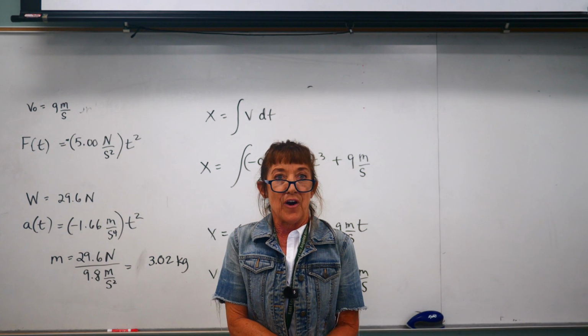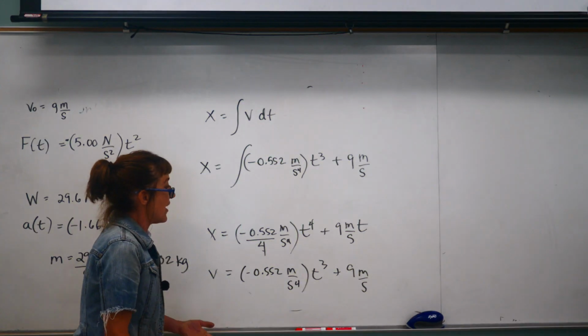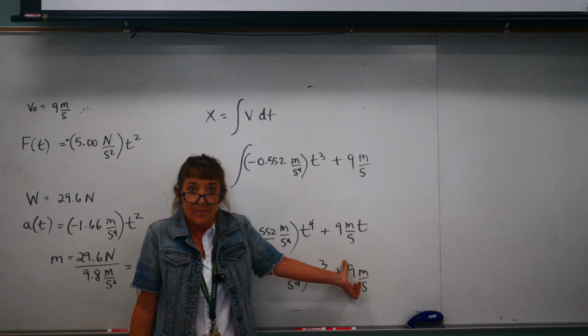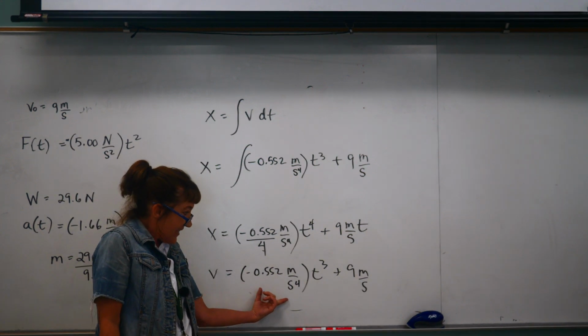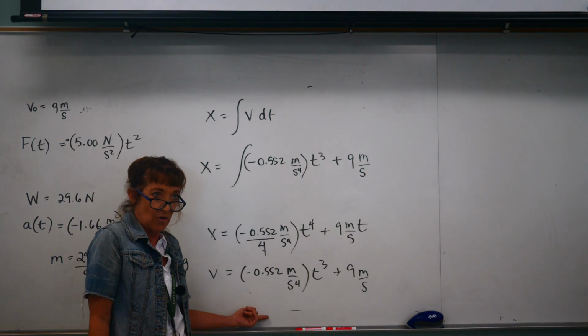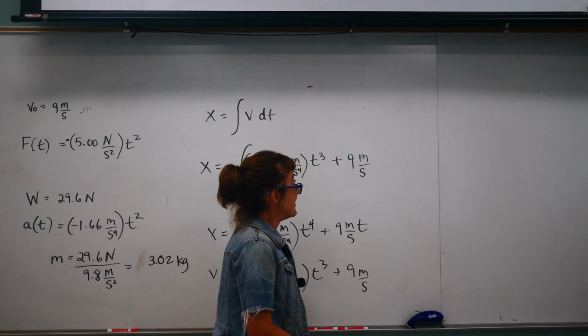I want to know how far the box moved before it came to rest. Now you see it will come to rest because we start off with a positive velocity, but we've got this negative acceleration here, right? So it will come to rest.